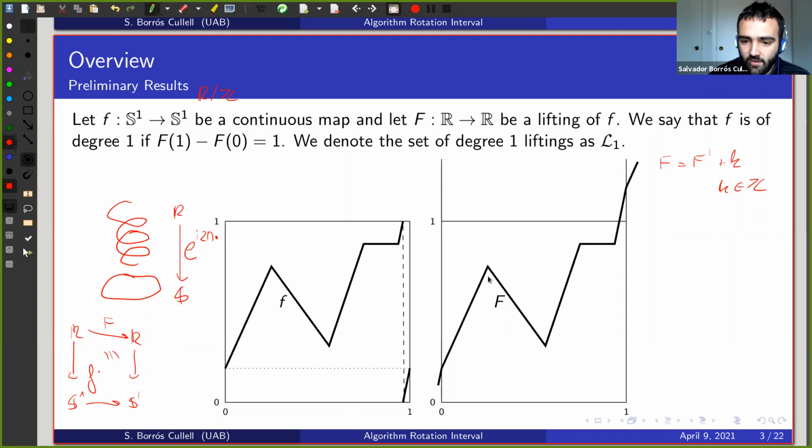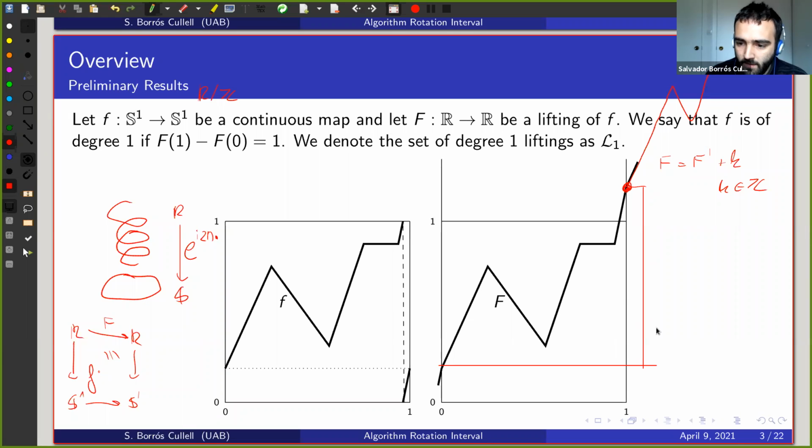If we get a lifting, what we get is sort of the same shape. This piece on the bottom, we just put it on top and then sort of repeat it, like increasing. Here we would have a copy of the same map, all over and going down. And we say that it's of degree 1 because the difference between this and this is exactly 1.